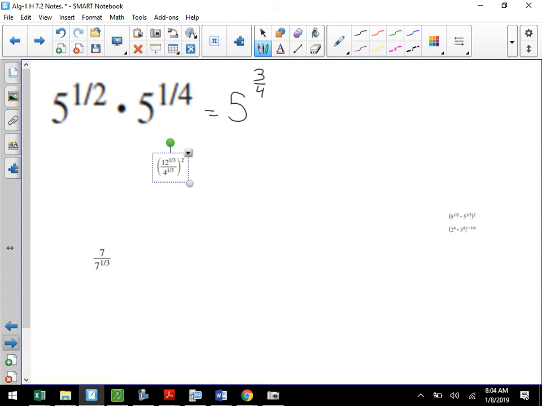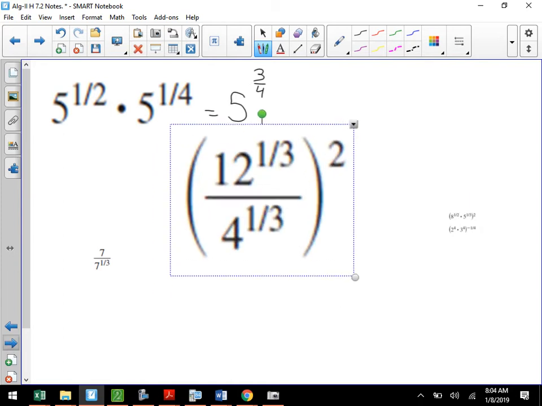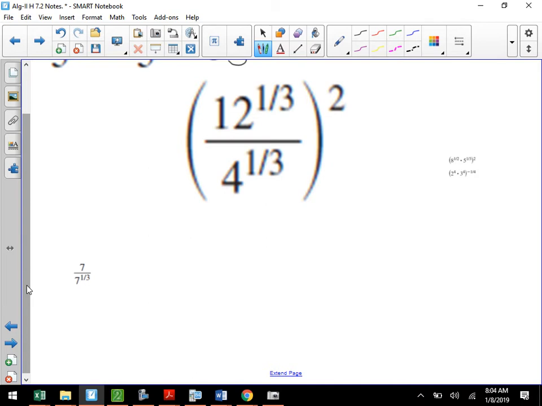This one. 12 to the 1/3 over 4 to the 1/3, all squared. Well, you start thinking about it.